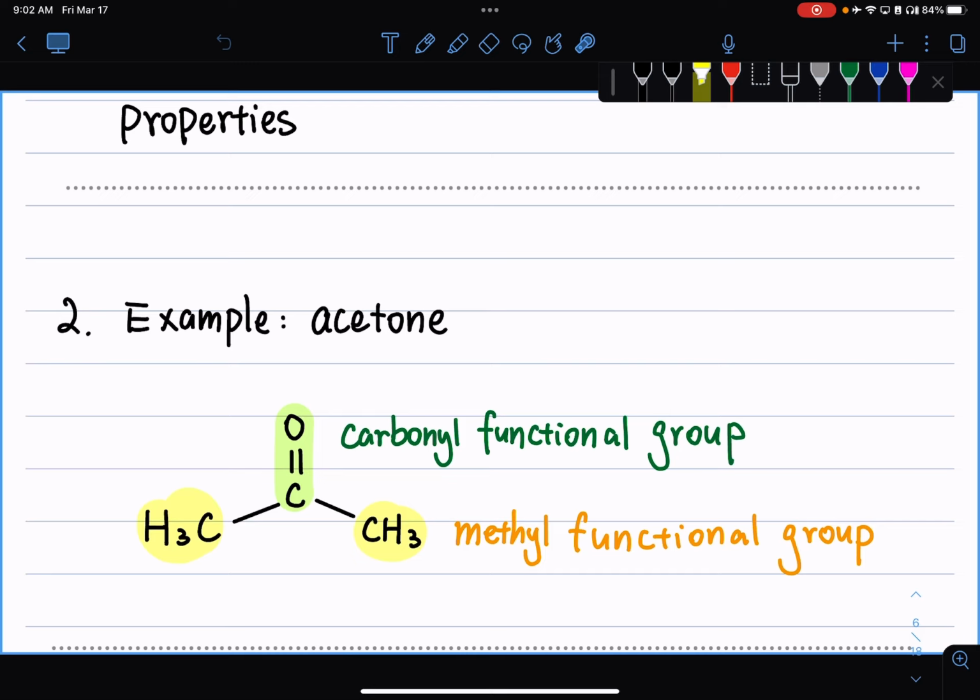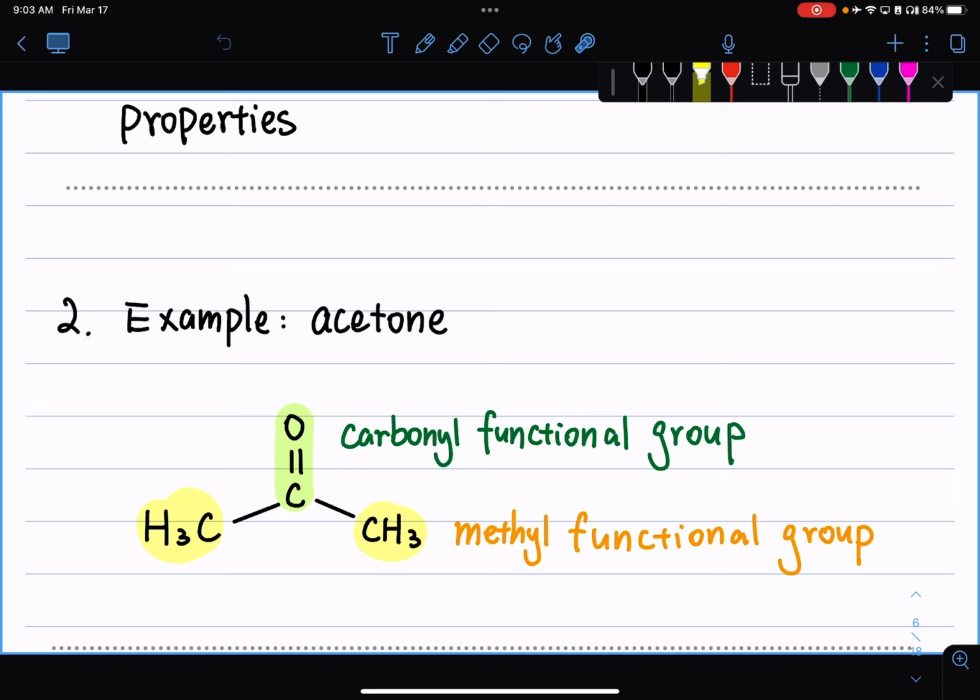I don't expect you to know it. I'm just saying a functional group is, say, this carbonyl, the CO double bond in a complex molecule. We call it a carbonyl functional group. And infrared spectroscopy is very good at identifying these special functional groups. When I say I don't expect you to know it, I don't expect you to assign names to different functional groups. You'll learn that in organic chemistry.